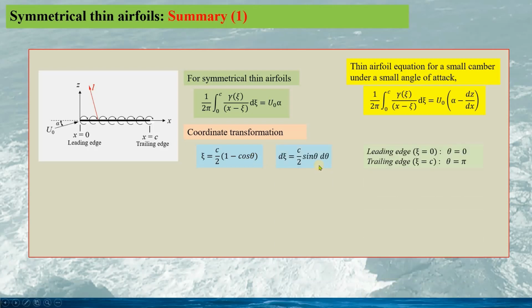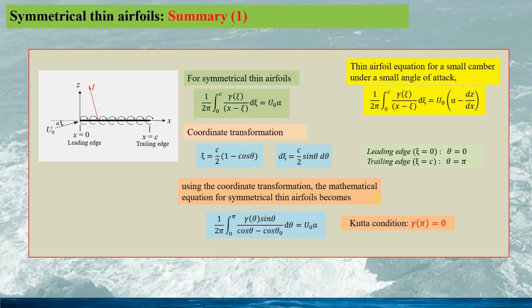So we have the relations for dx and the transformed leading and trailing edges, theta equaling 0 and equaling pi respectively. Using the coordinate transformation, the mathematical equation becomes this form, and the corresponding Kutta condition is given by this equation.